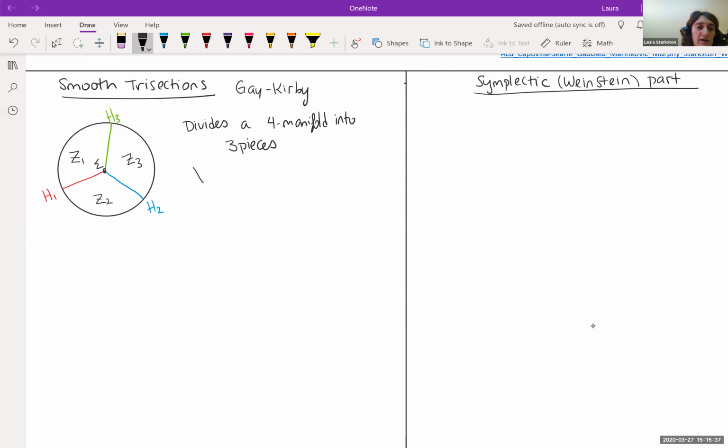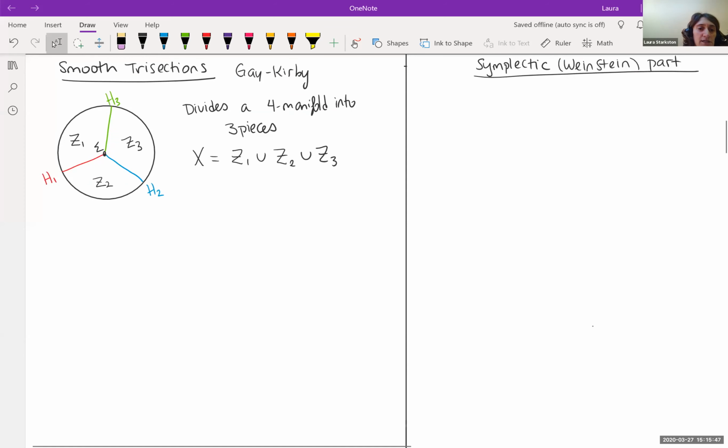So we have our manifold X decomposed as the union of Z1, Z2, and Z3. The conditions are that the Zi are four-dimensional one-handlebodies, that is, diffeomorphic to a boundary sum of S1 times D3s. The number of them can vary.